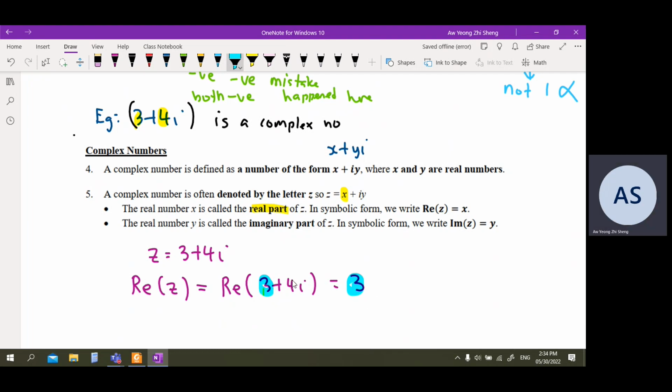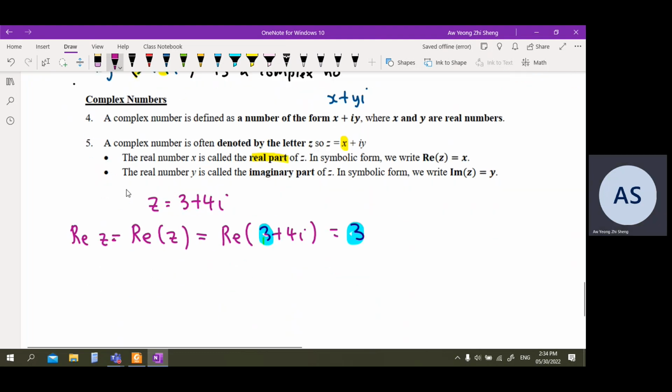You should be familiar with such notation, Re bracket z. Some books may write Re followed by a space z. This is an alternative notation that is also acceptable. The imaginary part of z is the real number y, which is the coefficient of i in the complex number z.